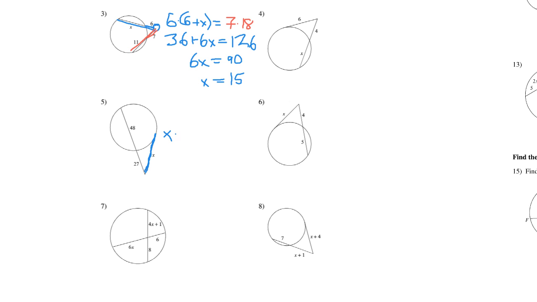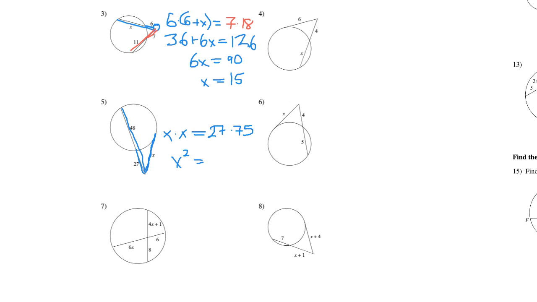So we've got x times x equals, and then on the flip side, we got 27 here and 48 here. That's going to be some big addition. So I got 27 times 75. Now, this is going to give us x squared equals 27 times 75.